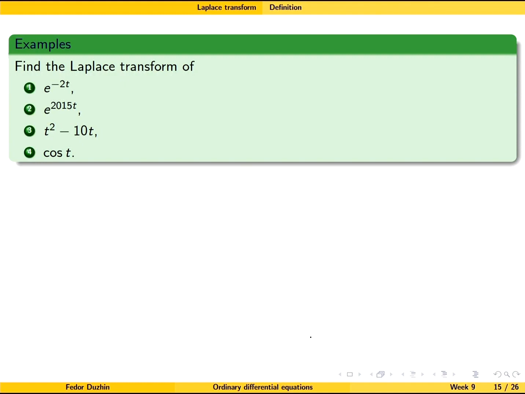I'm going to do 4 examples. How do we find the Laplace transform of e to the minus 2t? By definition, this is the integral from 0 to infinity of e to the power minus st times e to the minus 2t dt, which is the integral from 0 to infinity of e to the minus (s plus 2)t dt.